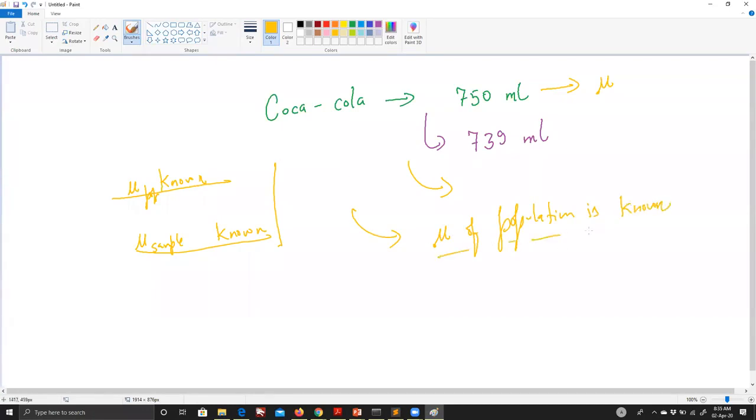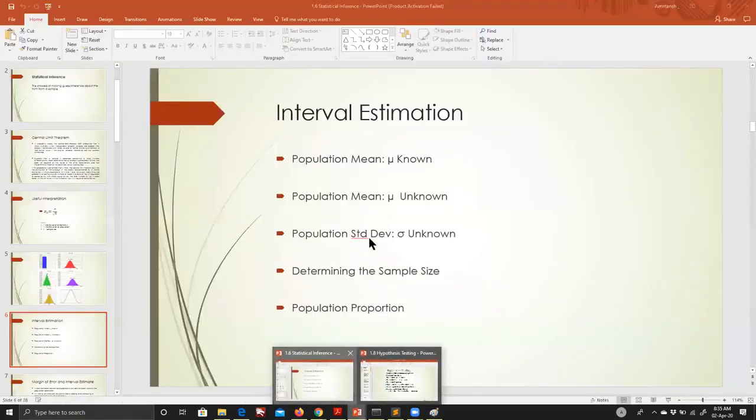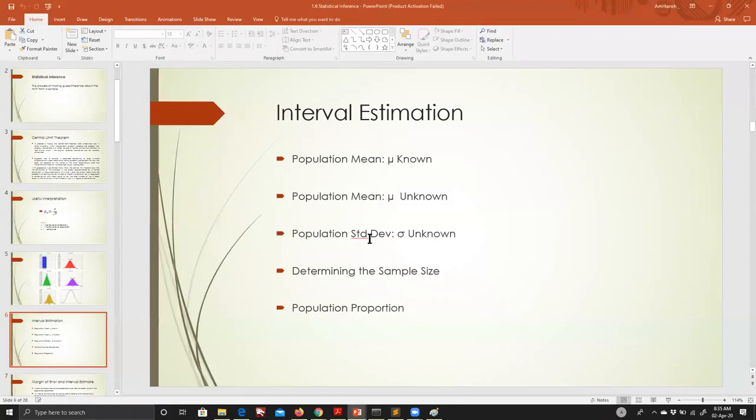It is given by the problem statement or the product description. We already know this. Now the problem is the population standard deviation. There could be a sigma known case or a sigma unknown case as well. We will try to cover both of them, and I will explain why both cases are important in making an estimation.